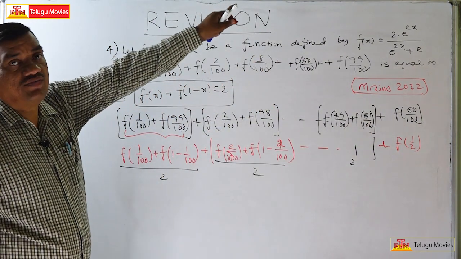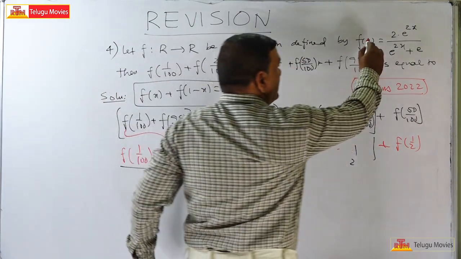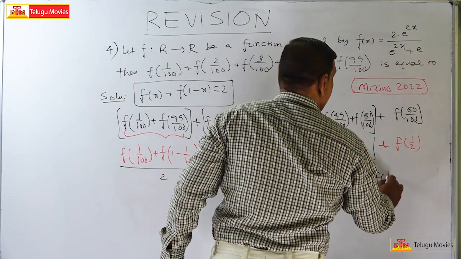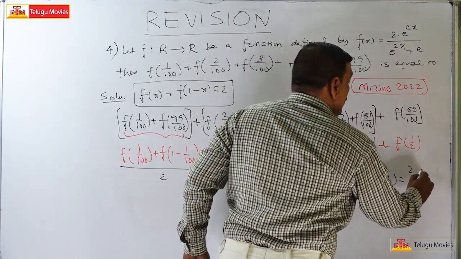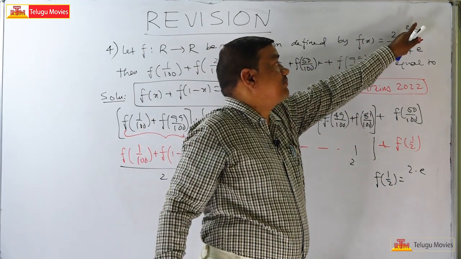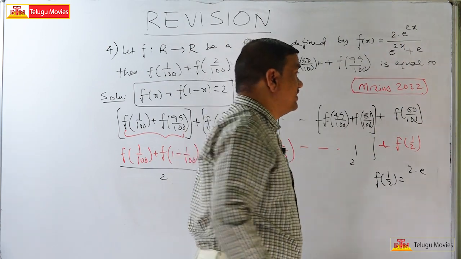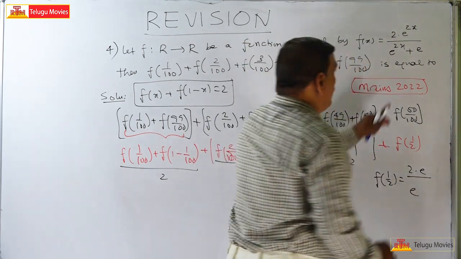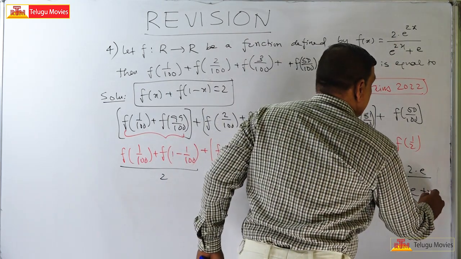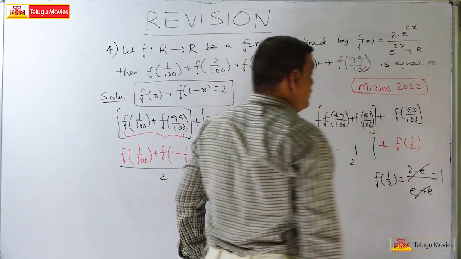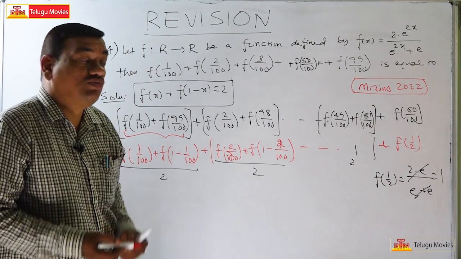What about f of 1 by 2? If you want to find f of 1 by 2, substitute 1 by 2 in place of x. So f of 1 by 2 is equal to 2 into e to the power of 2 times 1 by 2, the 2 will cancel, e, by e to the power of 2 times 1 by 2, the 2 will cancel, e plus e, both will cancel, 1. So f of 1 by 2 is equal to 1.